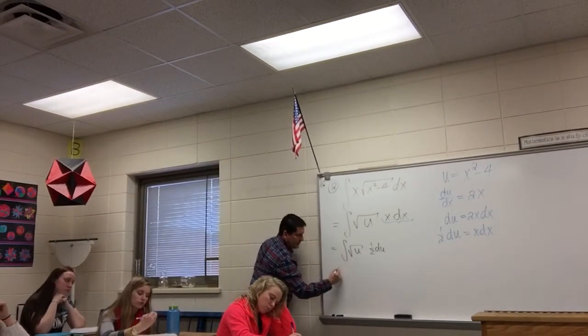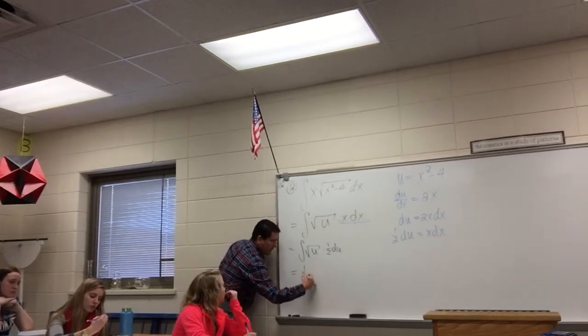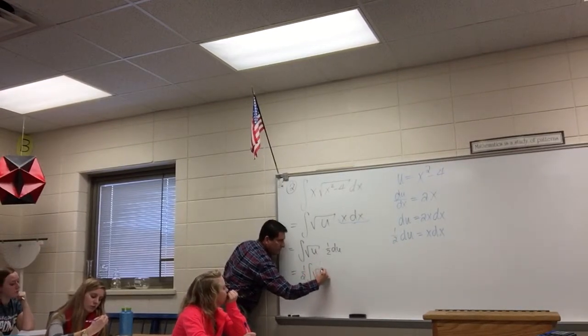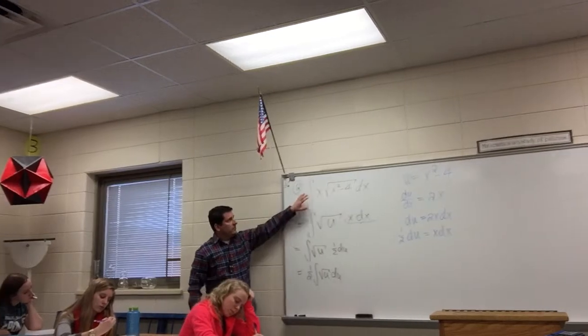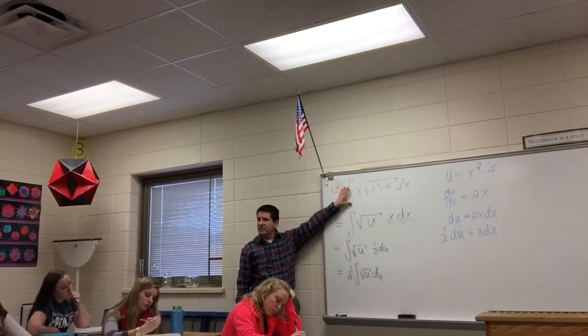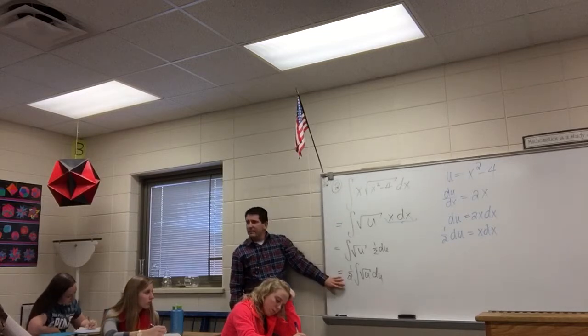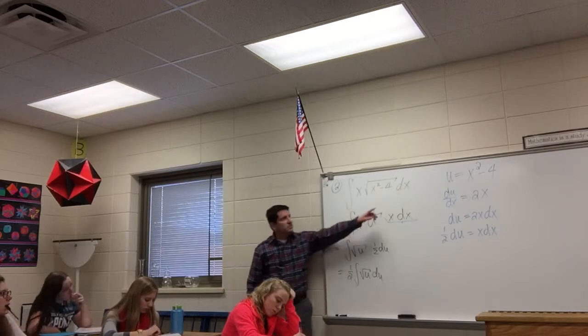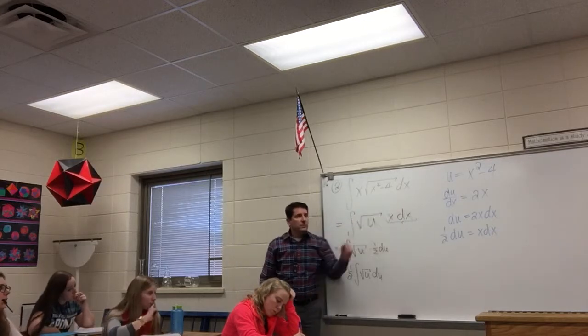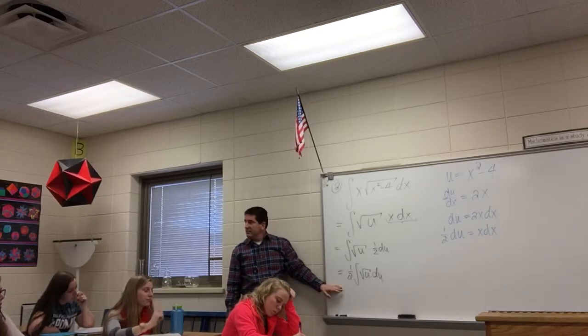So I'll just rewrite this before we go ahead. This is what's really weird. This integral right here is exactly the same, equivalent to this integral right here, even though they don't look alike, just because we chose u to be x squared minus 4.